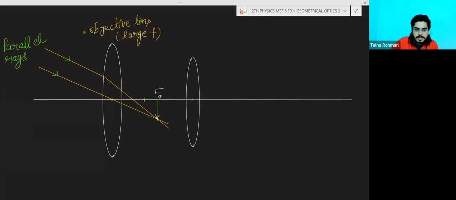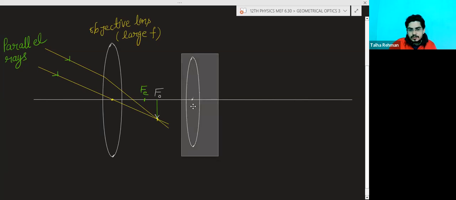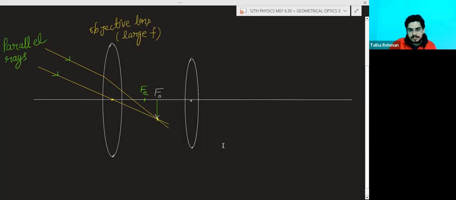Okay, here is the focus of eyepiece lens. Okay, this is the eyepiece lens. This image is forming between the optical center and the focus of the eyepiece lens.